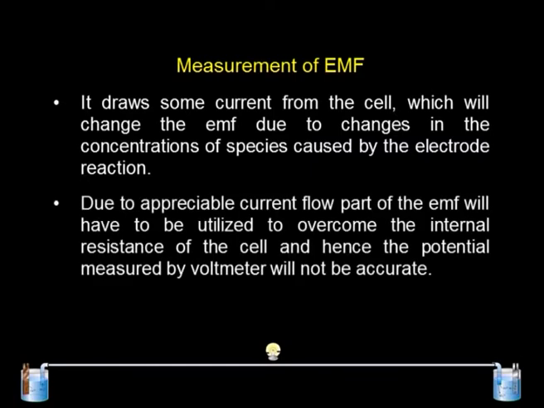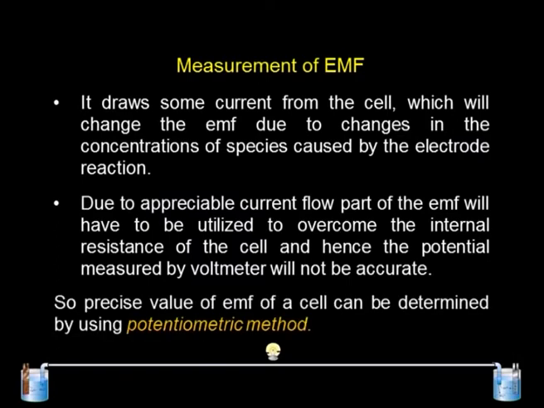Second reason is, due to appreciable current flow, part of the EMF will have to be utilized to overcome the internal resistance of the cell, and hence the potential measured by the voltmeter will not be accurate. Therefore, the precise value of EMF of a cell can be determined by using a potentiometric method. In the potentiometric method, an unknown EMF is opposed by another EMF until the two become equal.